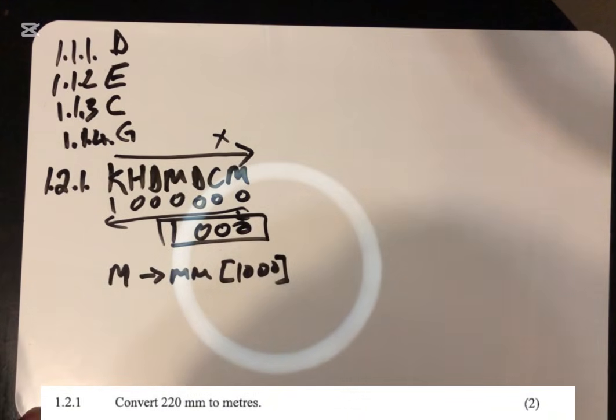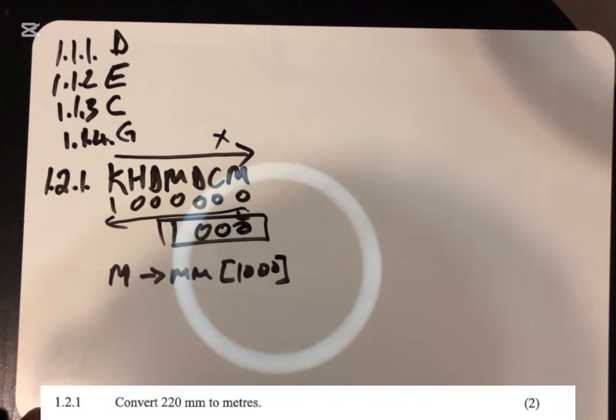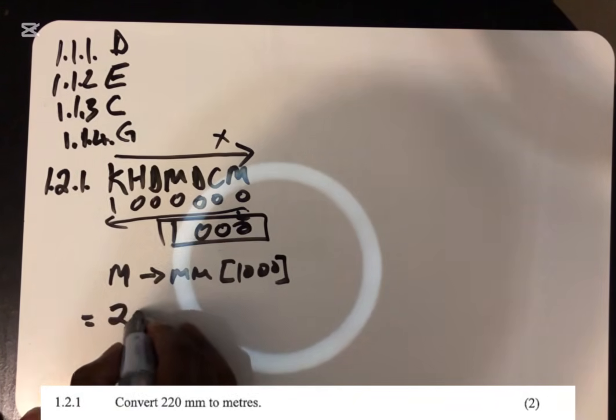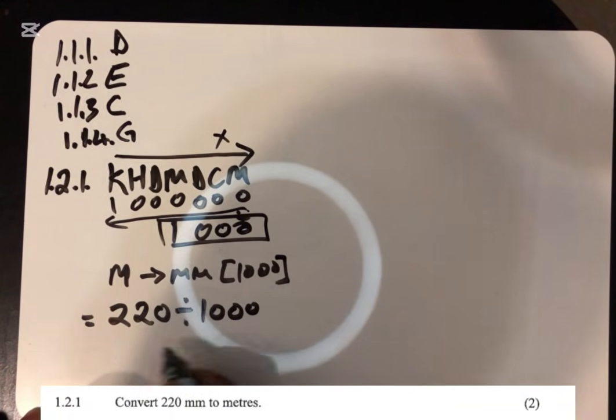So if we check here, we are converting from what? From small units to bigger units. So we are going to divide. So our answer here is going to be 220 divided by 1000.